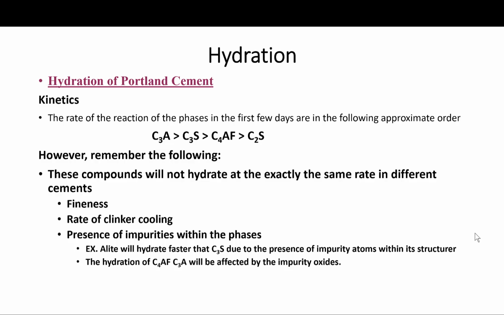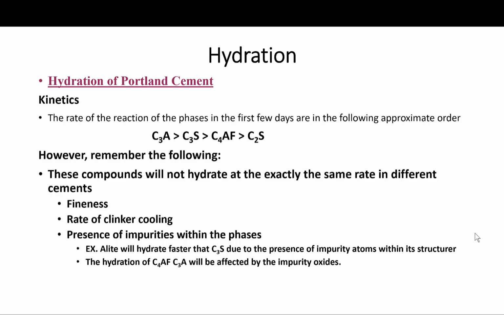There will be additional factors such as the presence of impurities and the presence of other cement compounds. For example, the A-lite and B-lite hydrate faster than do the pure C3S and C2S.